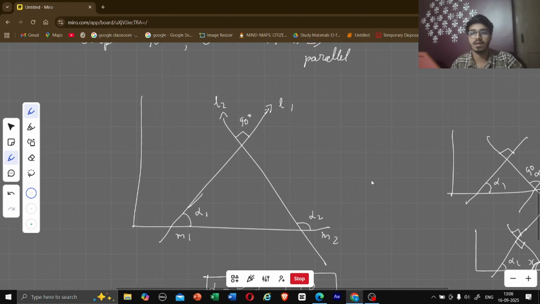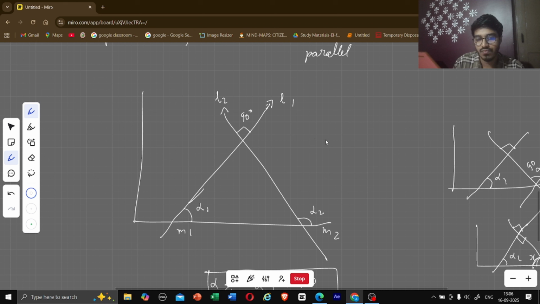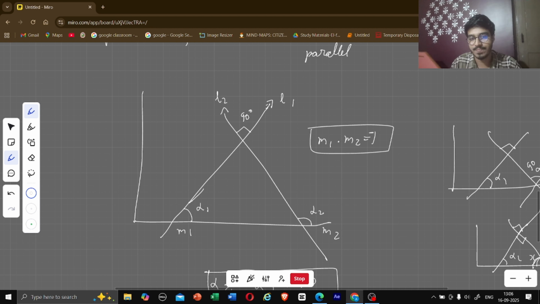So two lines with slopes M1 and M2 intersecting each other at 90 degrees, their product of slopes will always be minus 1. Let me write it again and repeat it.